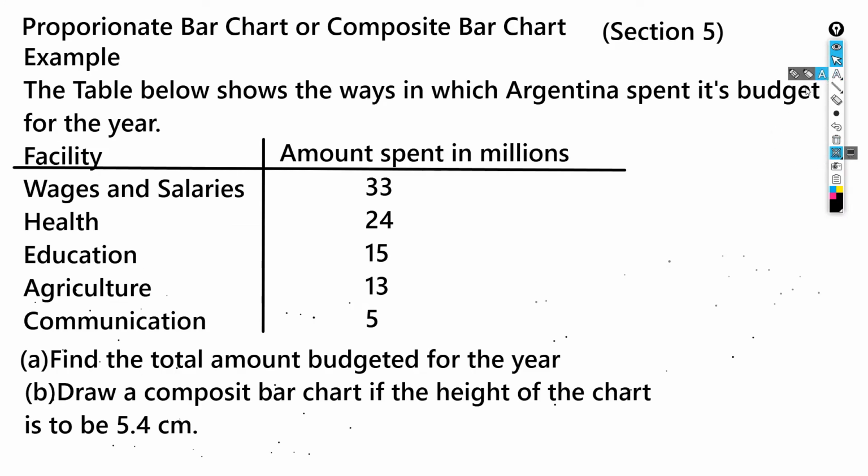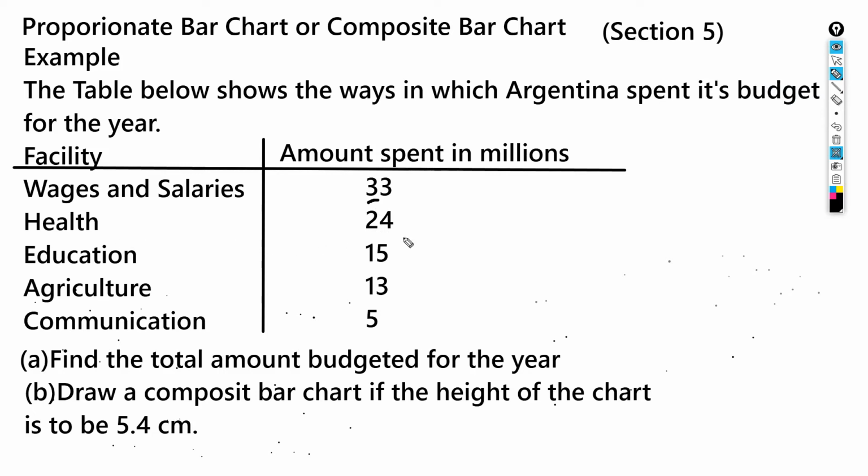All right, guys, so we're back, looking at an example. The table below shows the ways in which Argentina spent its budget for that year. We have wages and salaries at 33 million. The amount spent in millions is on the right, and the item Argentina spent its budget on is on the left. For wages and salaries, we have 33 million.